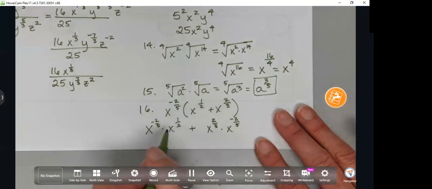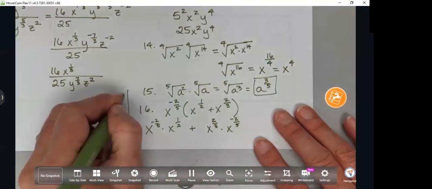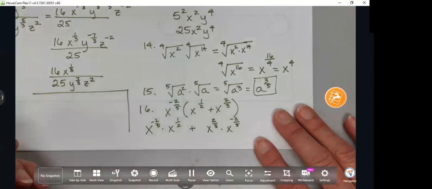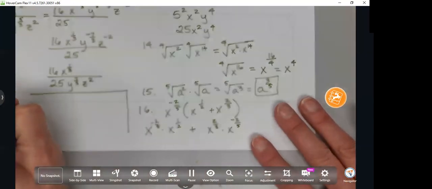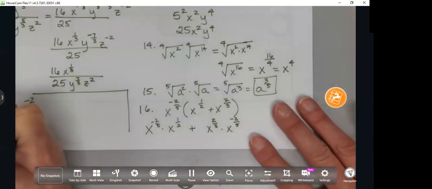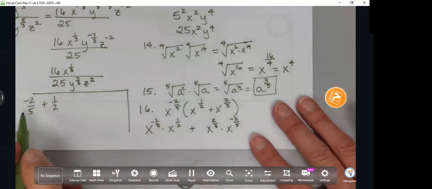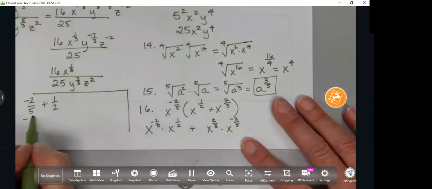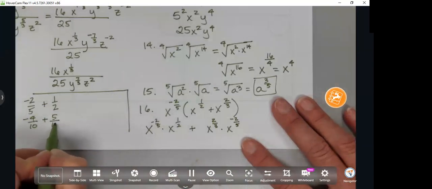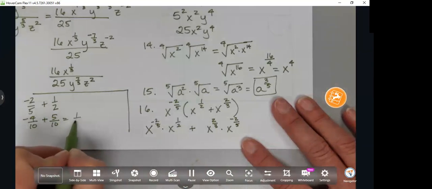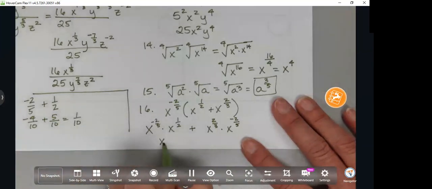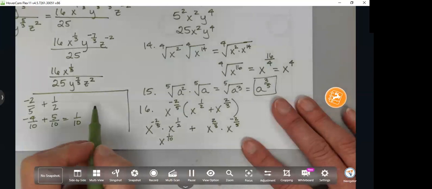So since I'm adding these, I need to actually get the same denominator. So negative 2/5 plus 1/2. I'm going to change this to negative 4/10 plus 5/10, and I'm going to get 1/10. So this is going to be x to the 1/10.